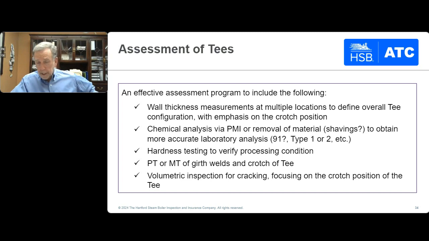The hardness of the T's: when you're dealing with the creep strength enhanced ferritic steels, the processing of the T's, and particularly the heat treatments that have been carried out on the T, can become critical in determining what the creep resistance of that material is going to be, even if the chemistry is correct.